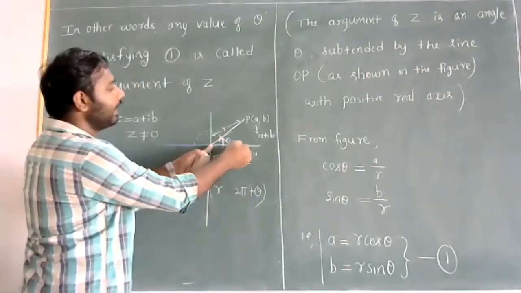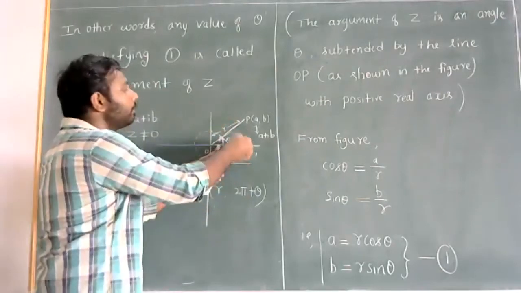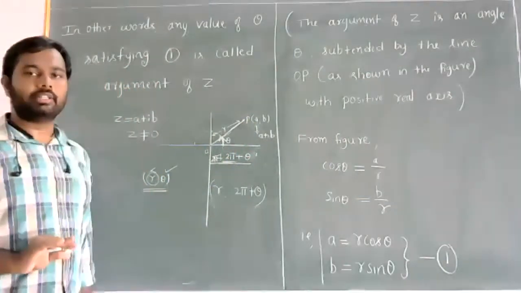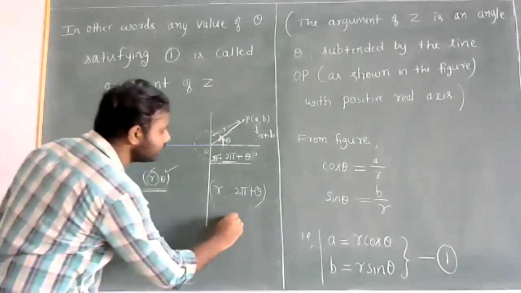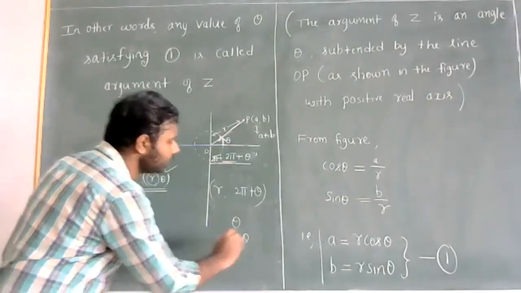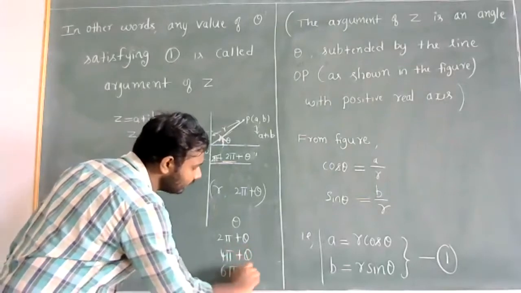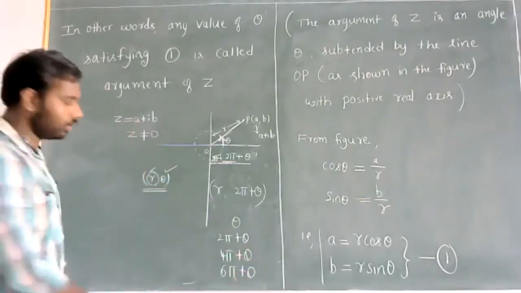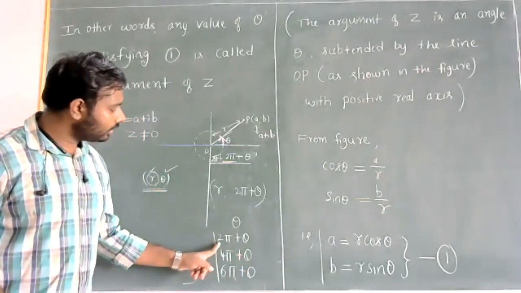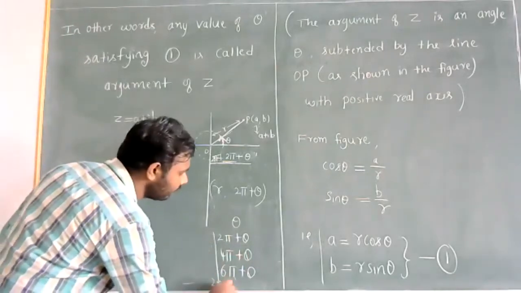That means I'll take this line 1 round, 2 round plus theta. So again, I will be in the same point. So what that means? Theta, 2 pi plus theta, 4 pi plus theta, 6 pi plus theta, and so on. So if I want to generalize this, I only have to add even multiples of pi. That is 2n pi.